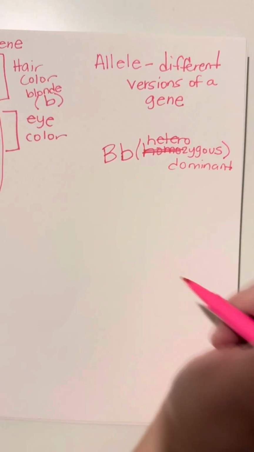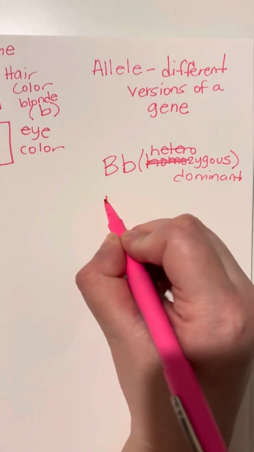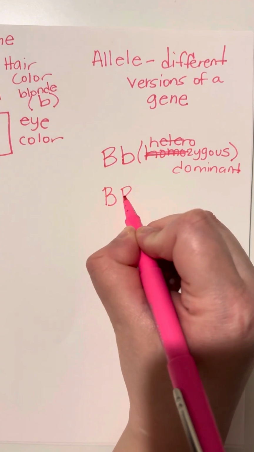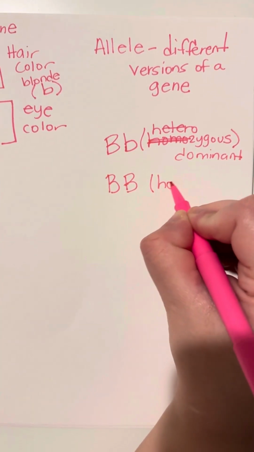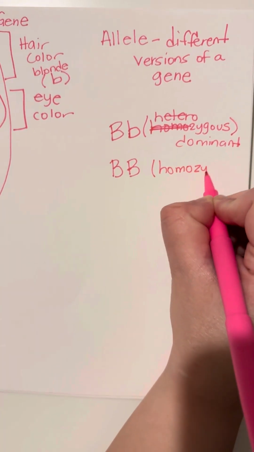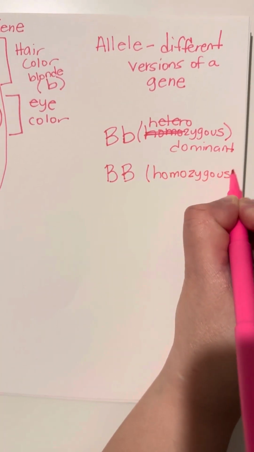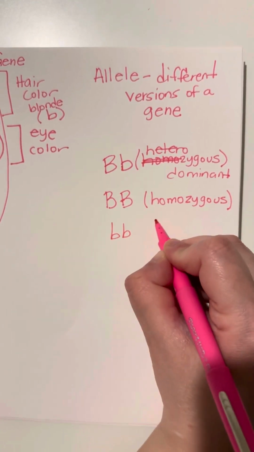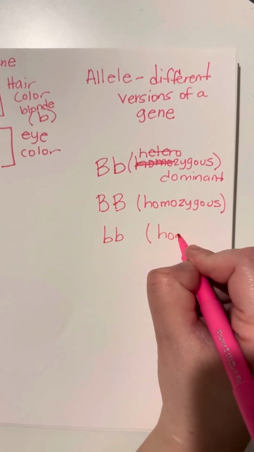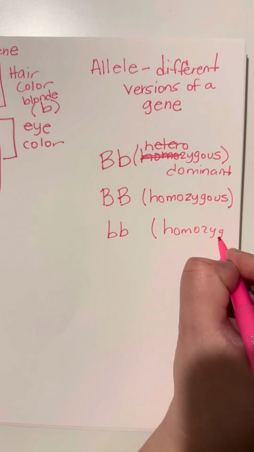All right, so I could also have, let's say I had big B, big B, that's another option. Now this one would be homozygous because I have the same, I have two capitals. Or I could have two lowercases. In this case, it would also be homozygous.